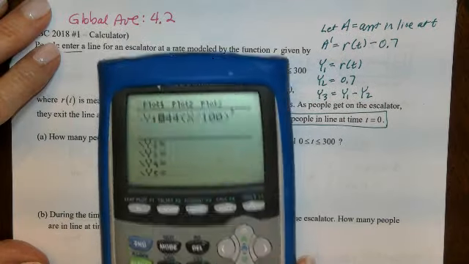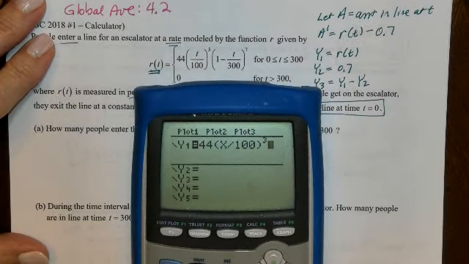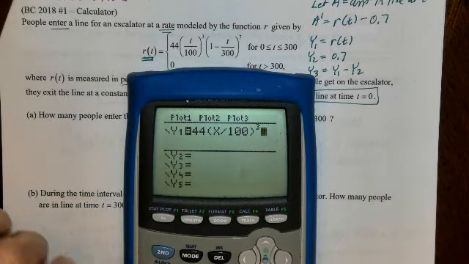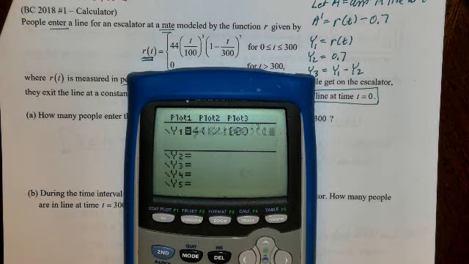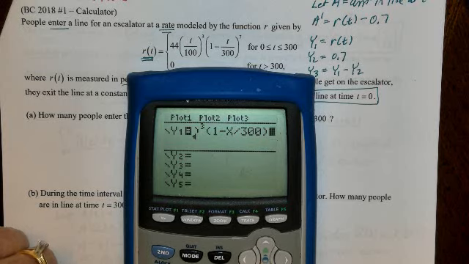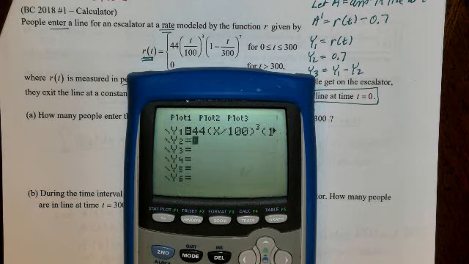I have started my R equation here, then I also need to multiply by 1 minus t over 300 to the 7th power. Okay, so there's my y1. And then for y2, I'm going to put 0.7. And then for y3, I'll put y1 minus y2.